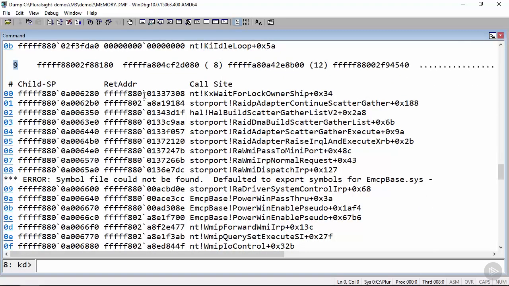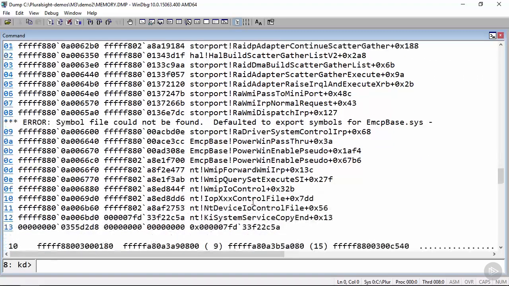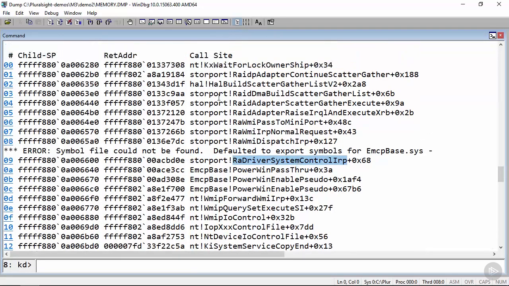Here's CPU 9. What was it doing? If we scroll down to the bottom of its stack, you can see it was running a system service, trying to do an I/O control file, where it got the EMC driver involved. So EMC then called storport, where it tried to do some sort of driver system control IRP, and storport continued to get involved.